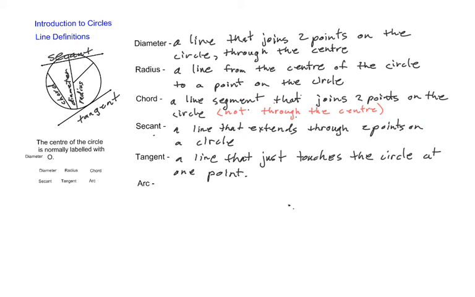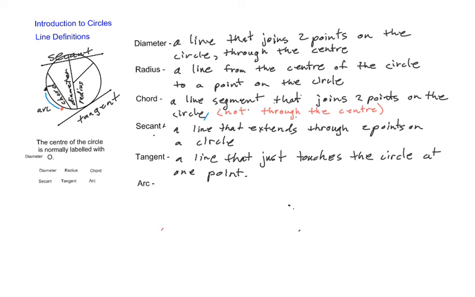Now, when we're talking about an arc, we're talking about the distance along the outer circumference of our circle between 2 points. So imagine I had a point A right here and B in red. And the distance between them is blue on the edge of the circle. That is what we would call our arc.